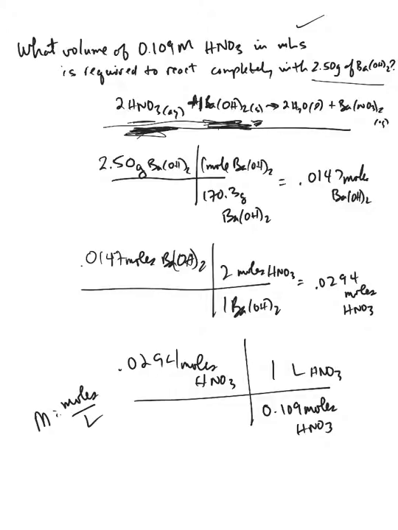And then when I do that division, I'll have my answer in liters, 0.269 liters of HNO3, and I can convert that to milliliters just by moving the decimal point. Okay, so that's the answer to this question.